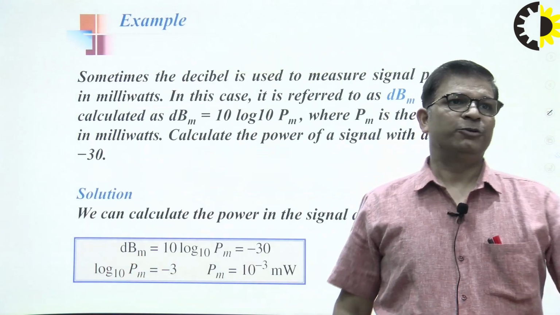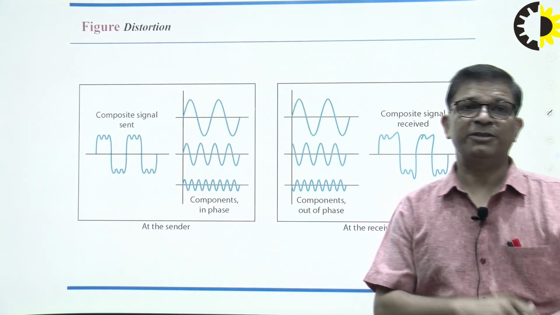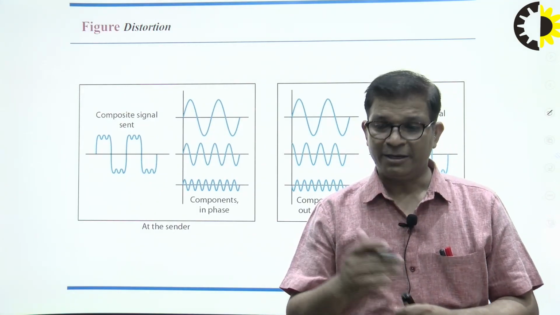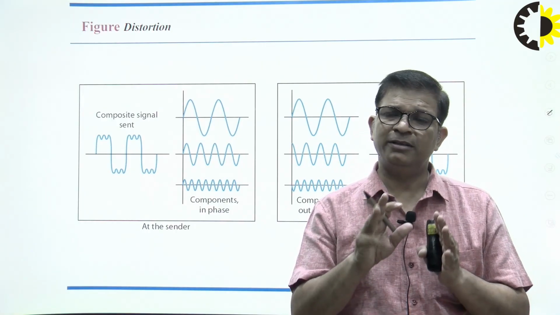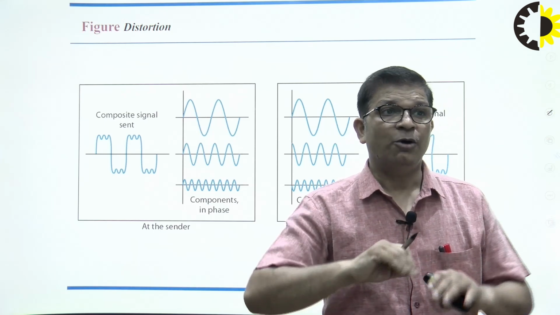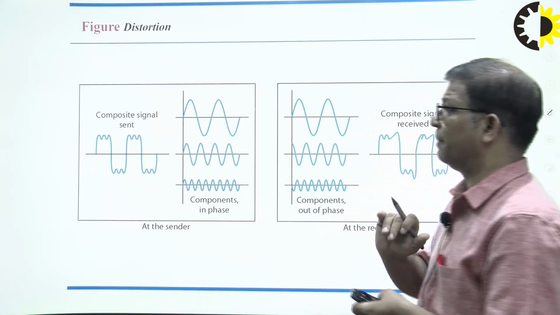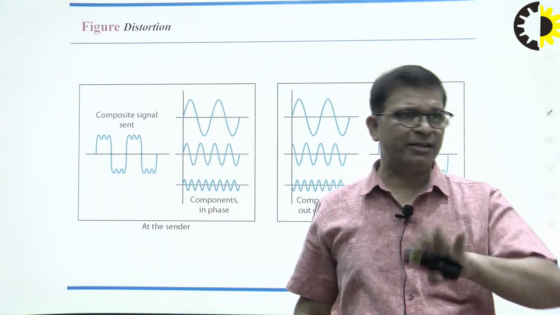Okay. So the next one is distortion. What is distortion? This is another dangerous thing. Like you saw that in attenuation, the power of the signal has been decreased, but in distortion, the overall signal has been disturbed. For example, this is a composite signal. You have already studied the signal and the composite signal.